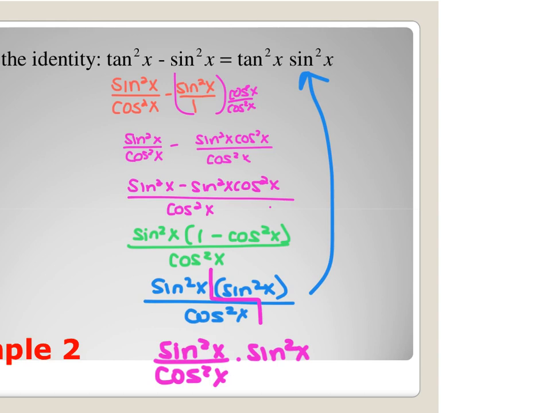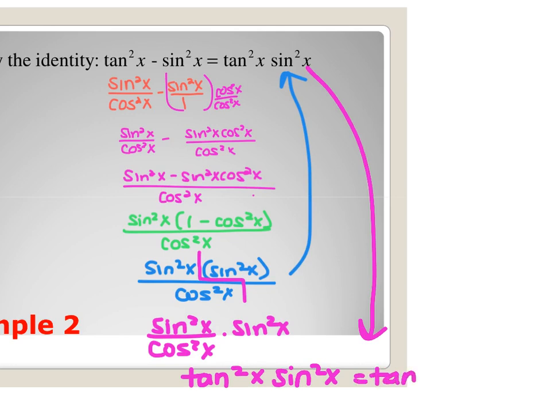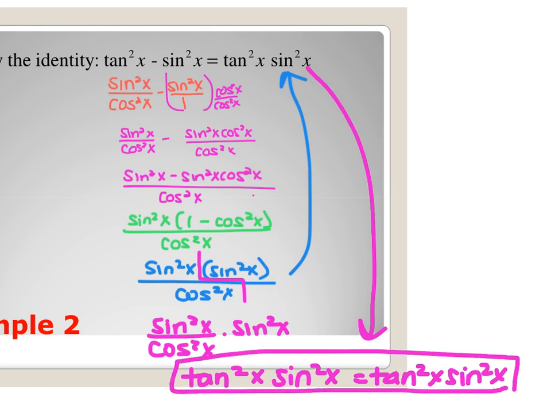So when it's multiplication, obviously you can split them up. If that was addition, I couldn't do the same thing. And then sine squared x over cosine squared x becomes tangent squared x times sine squared x, which equals the initial right side.